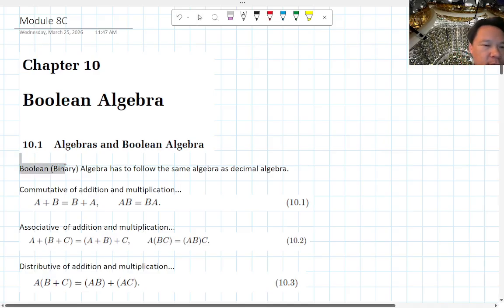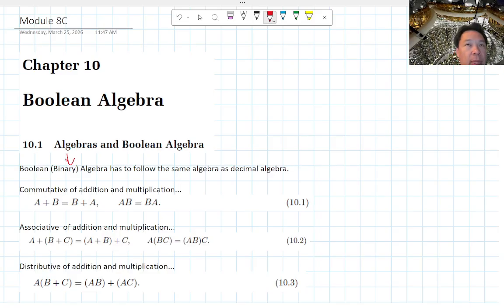So Boolean algebra, or binary algebra, right? And as I said, this is the simplest math possible. But we do want them to follow the same rules as decimal algebra.